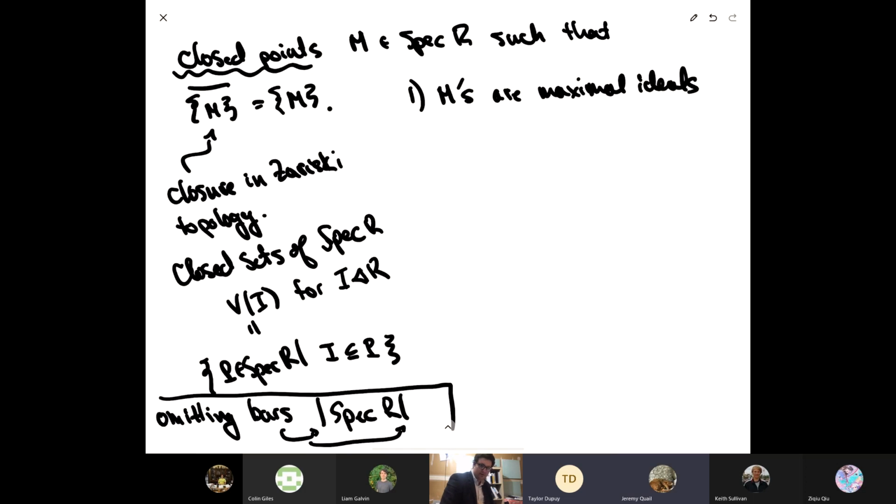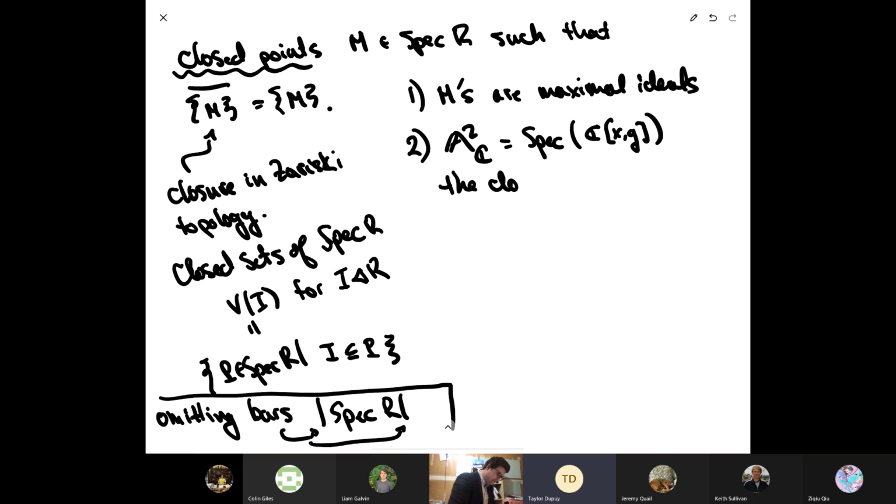So these are the curves that we were drawing. V(I) is what we would draw. The other thing I said is that for A^2 over C, which is Spec of C[x,y], and this works for A^n too, the closed points are in bijection with C^2.